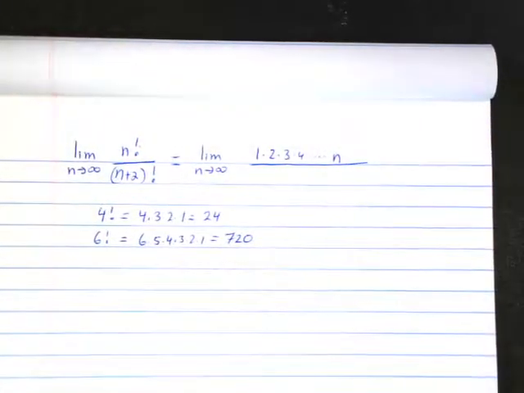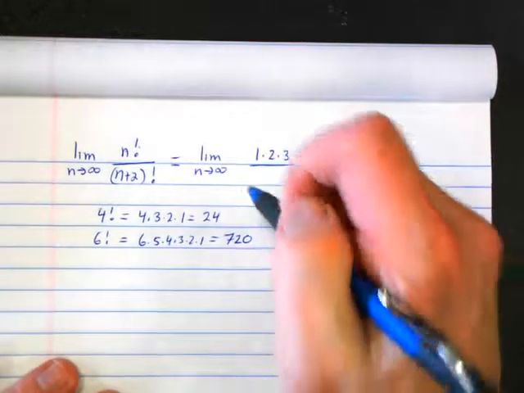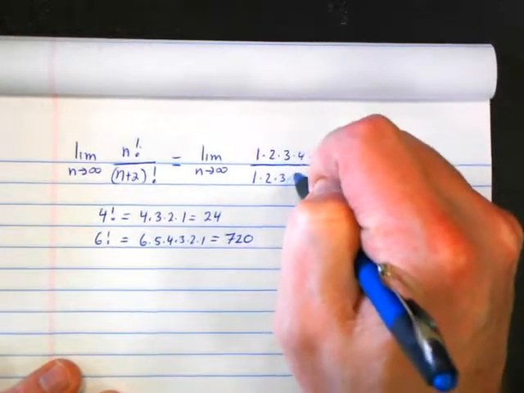What does n plus 2 factorial mean? I go 1 times 2 times 3 times 4, and I stop when I get to n plus 2. So this is going to be 1 times 2 times 3 times 4.